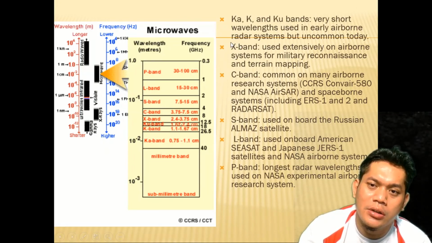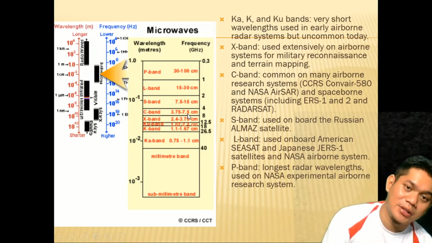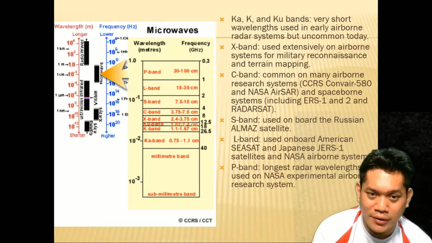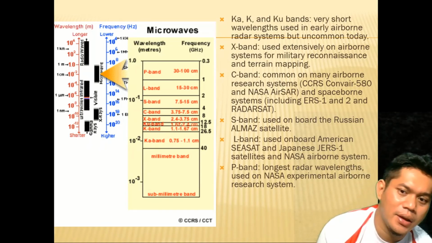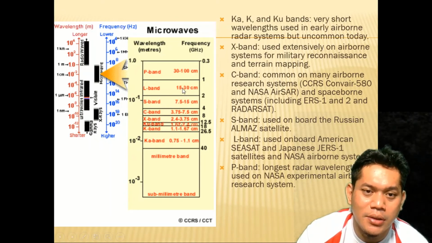Usually the military use the X band for the airborne system, for military reconnaissance, and the C band for RADARSAT. The C band is 3.75 to 7.5 centimeters; this is the wavelength range. The L band and C band are what they use for radar.